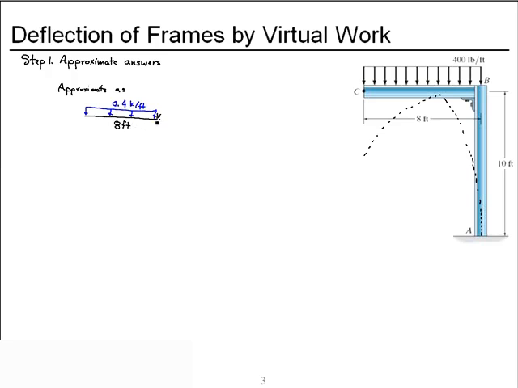The displaced shape in this case will be as such, and so we'll get our approximated displacement as such, and approximated slope as such.